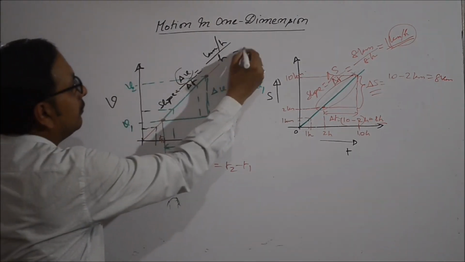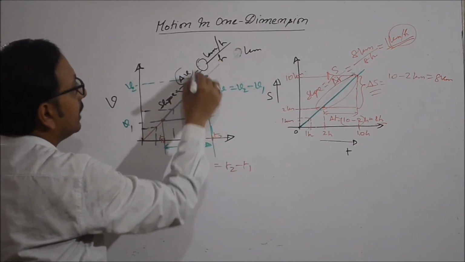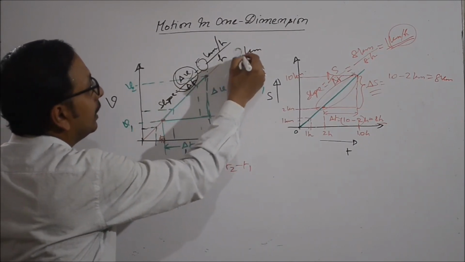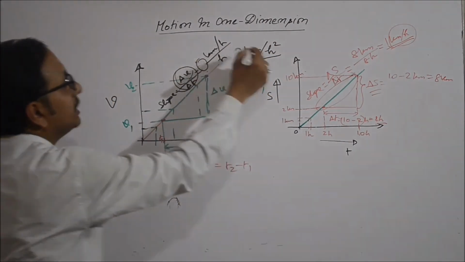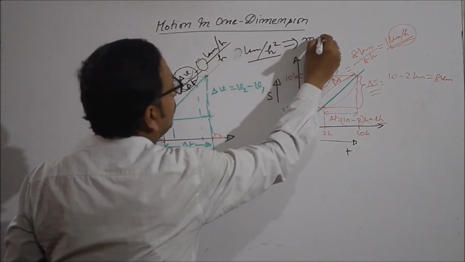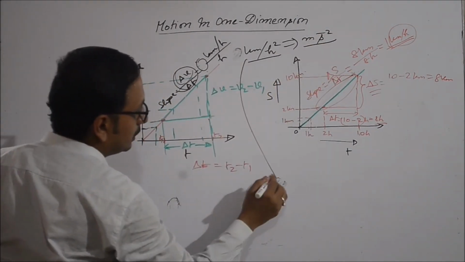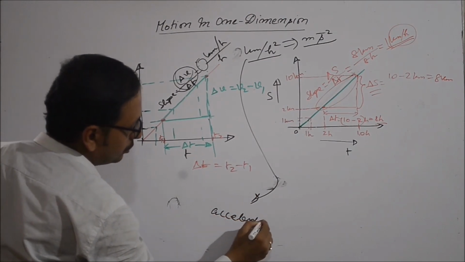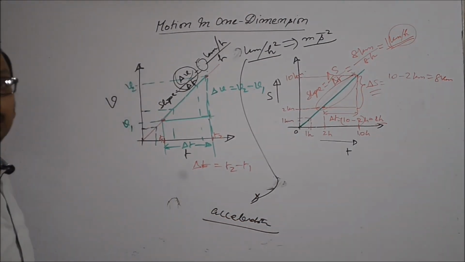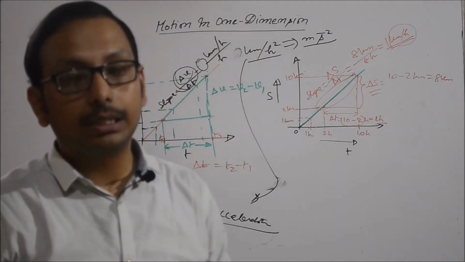So this will be kilometer per hour square. If I go for meter and per second, then I would have got meter per second square. And this is a unit of what? This is a unit of acceleration. So from here we got the value or the concept of acceleration.